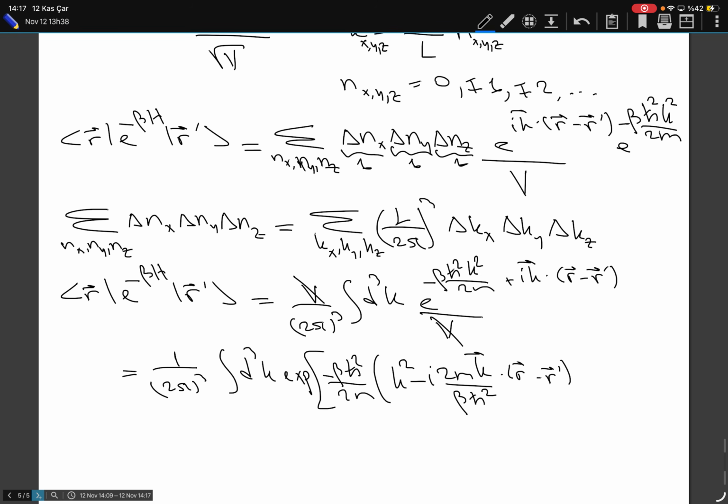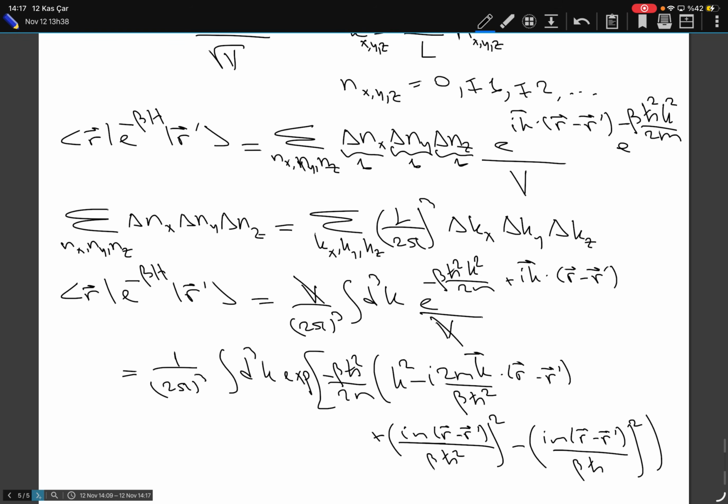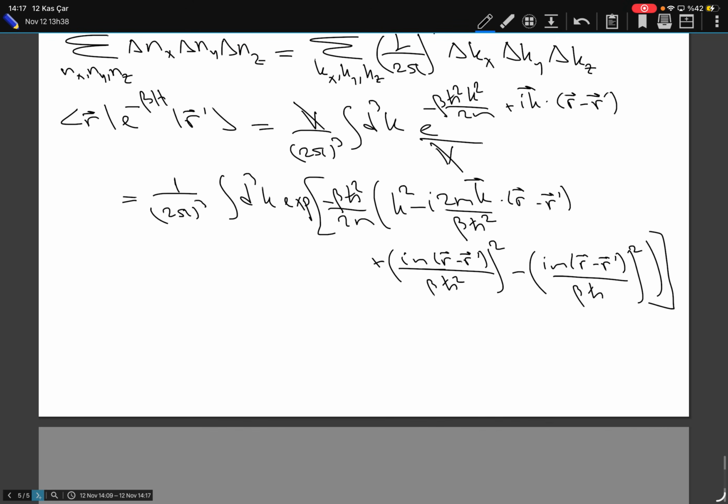I just factored out some constant. Now let me add here, or subtract, add i m (r minus r prime) over beta h bar squared, and subtract it. I'm just completing the square. That's the only thing I'm doing.